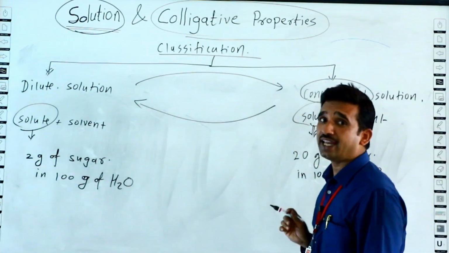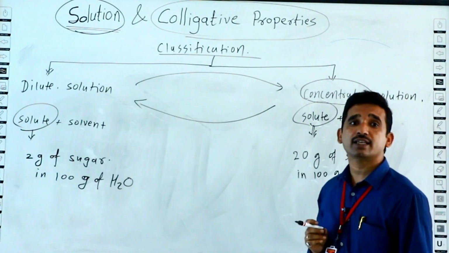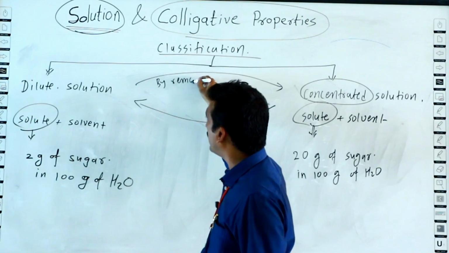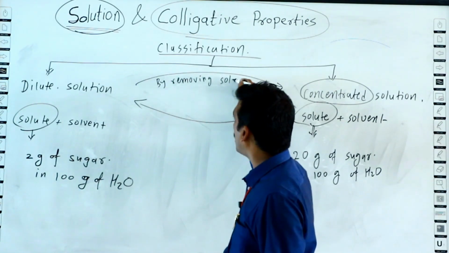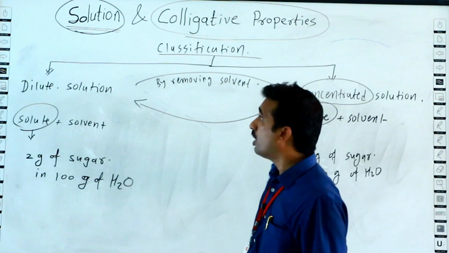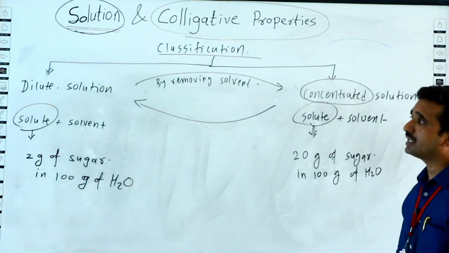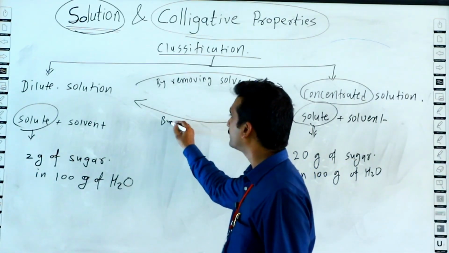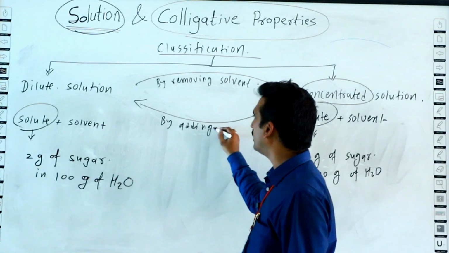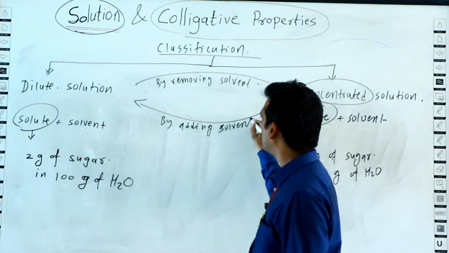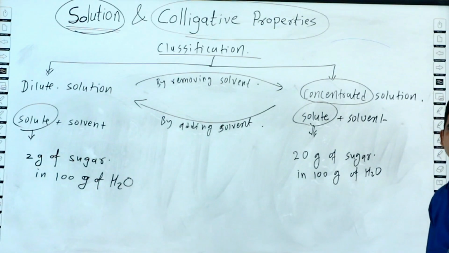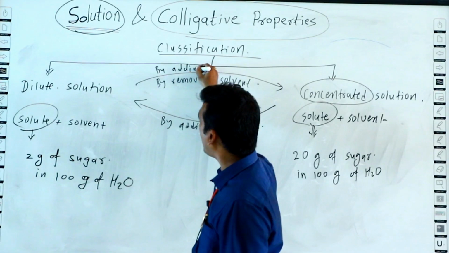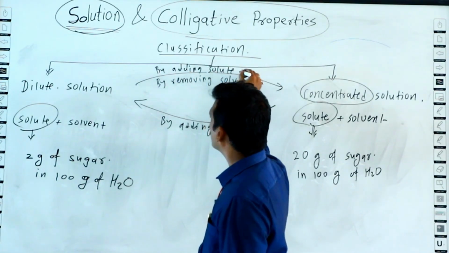डाइल्यूट सॉल्यूशन से कॉन्सेंट्रेटेड सॉल्यूशन हम बना सकते हैं बाय रिमूविंग सॉल्वेंट और कॉन्सेंट्रेटेड से डाइल्यूट बाय एडिंग solvent, or here is also by adding solute.